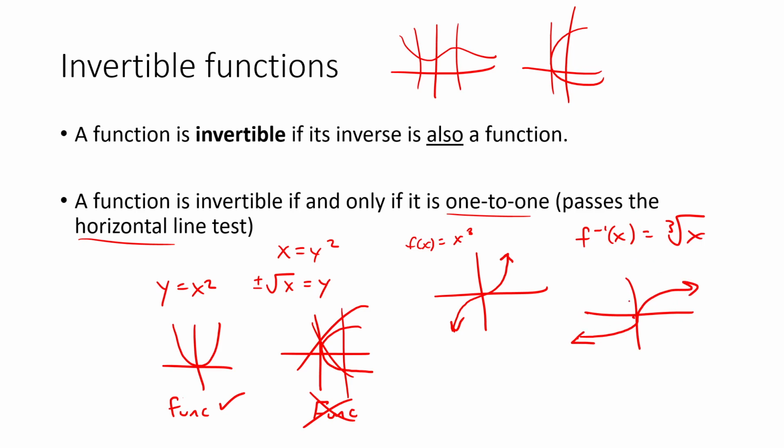And although it does go vertical here for an instant, it does pass the vertical line test. Okay, so a function is invertible if and only if its inverse is also a function.